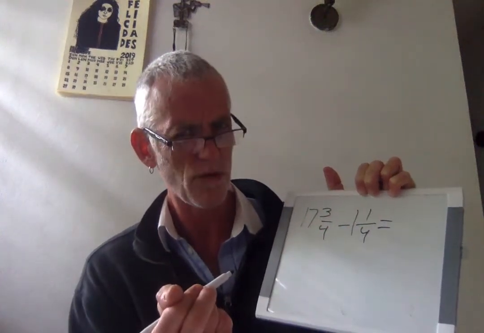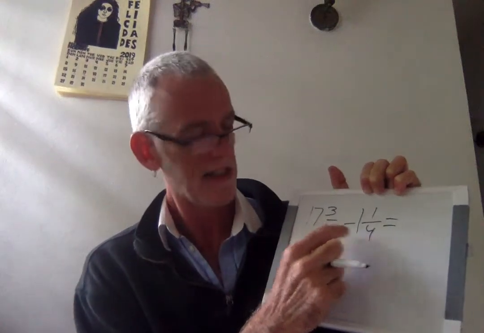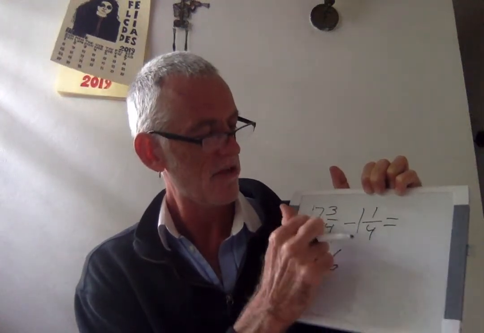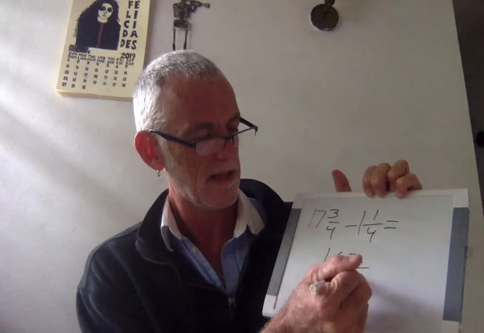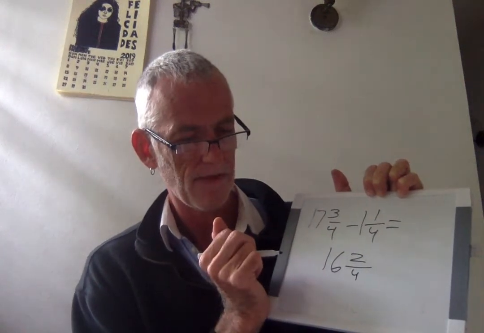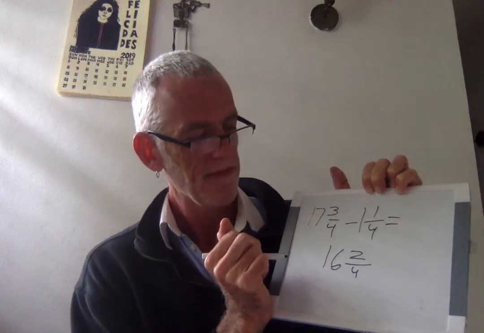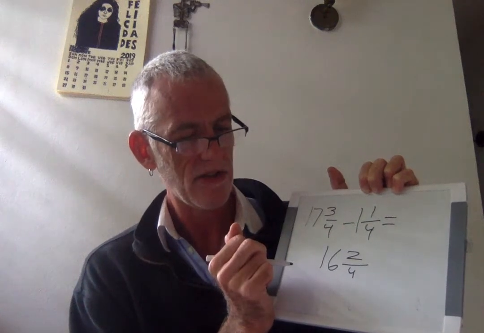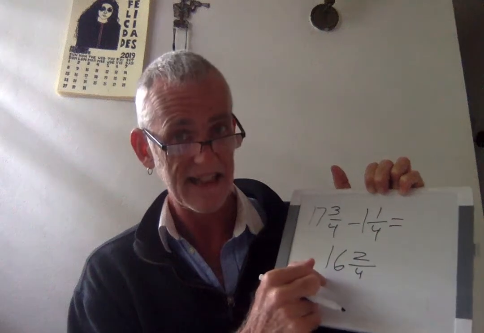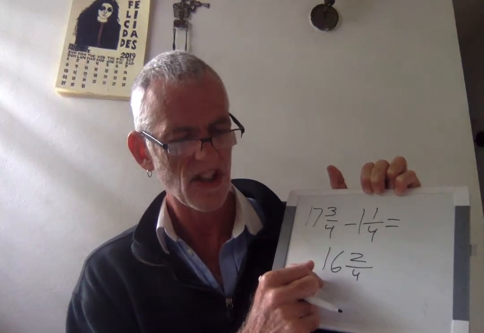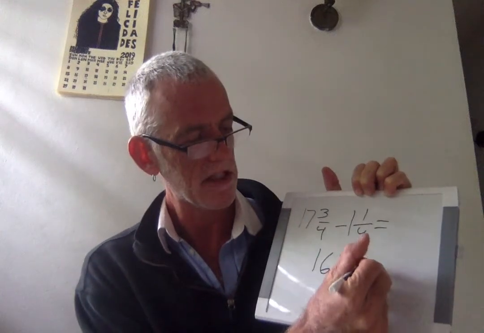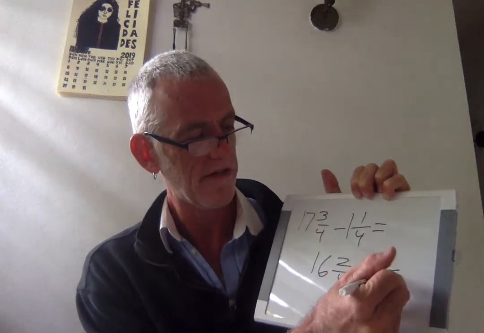How much does she have left over? 17 minus 1 is 16. 3/4 minus 1/4 is 2/4. And then of what's remaining, she will use 1/4 of that. She's going to multiply that by 1 1/4.